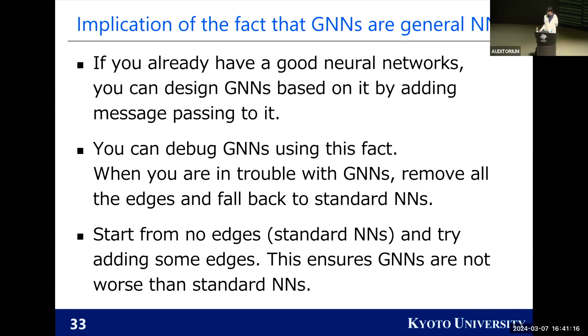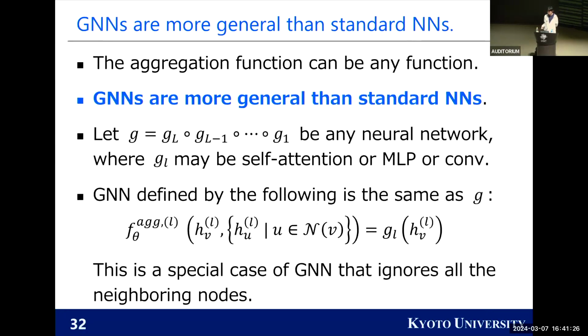You can first use such a good neural network as GL, and add some components. You can start from the simple GL function and, for example, concatenate the information from the surrounding nodes and pass it to the next layer and so on.